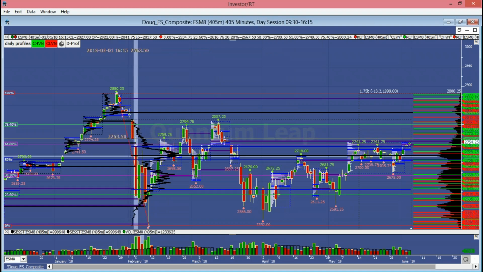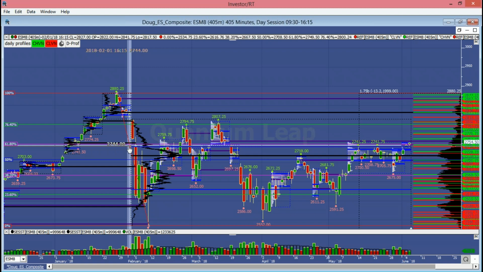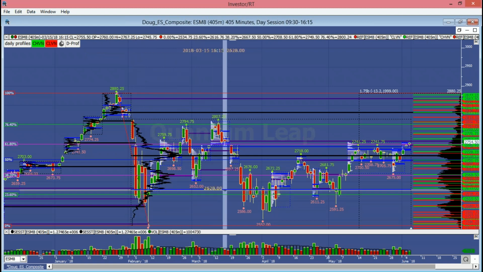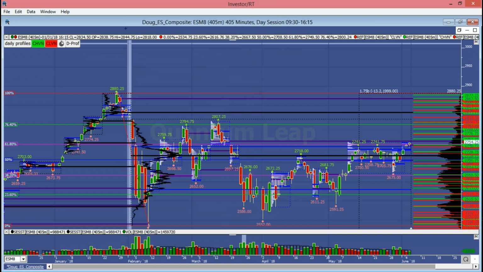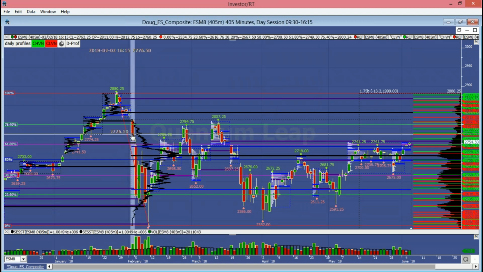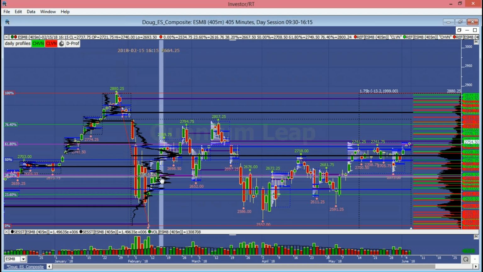But since we've come down, we've been in this large value area that basically goes from 41.75 down to this 26.30 area, and we've been chopping back and forth. While we were doing this, our microcomposite VPOC was down in the 2669 area.